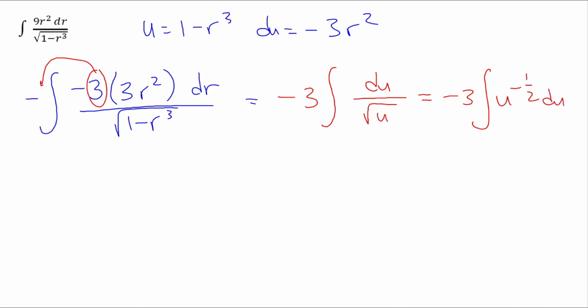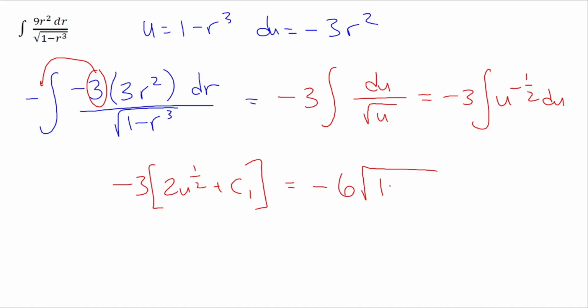And so now we can just integrate that. If we integrate u to the negative 1/2, that goes up to u to the 1/2. And we'll divide by 1/2, so that becomes 2 times u to the 1/2 plus some constant. And we'll replace the u back in there. And we can distribute that negative 3 through, so we get negative 6. U to the 1/2 is a square root, so square root of 1 minus r cubed plus some constant.